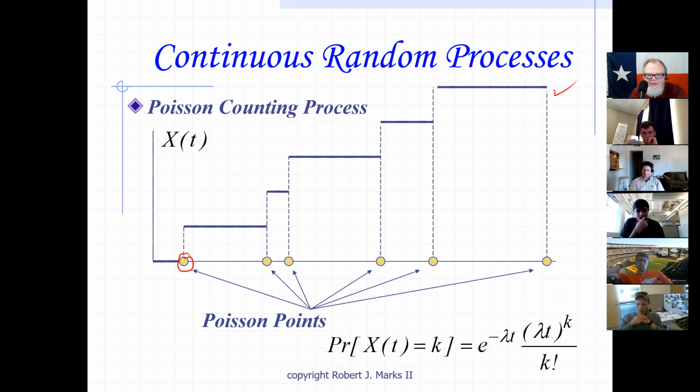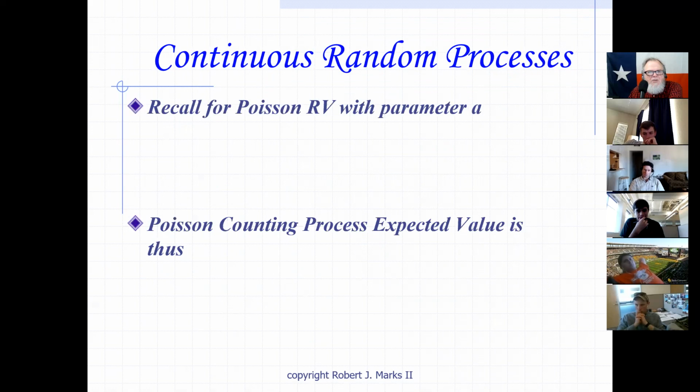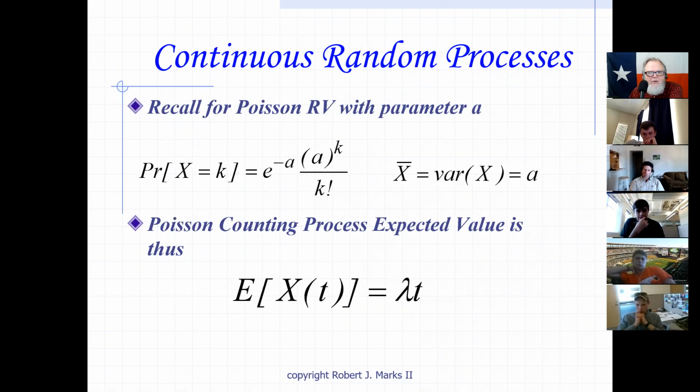We have a process that we can talk about in terms of means and variances and autocorrelations and all of that other stuff. So recall that for a Poisson random variable with a value of A, the expected value X bar is the same as the variance of X. We talked about this curious question of whether X bar and the variance of X should have the same units.